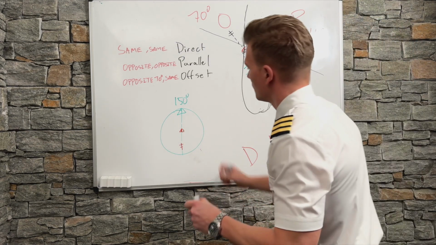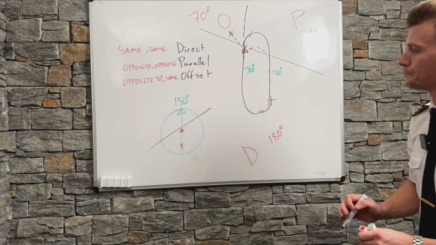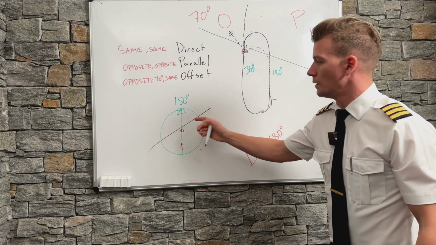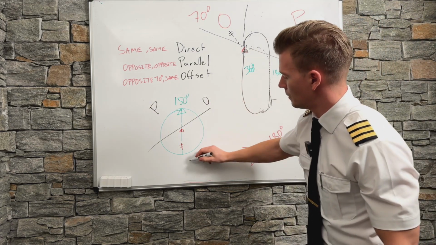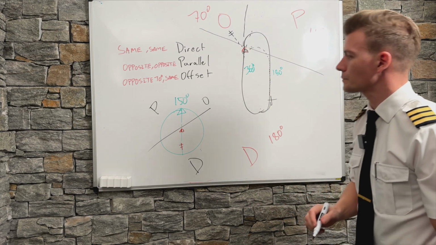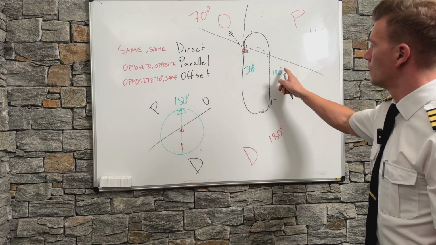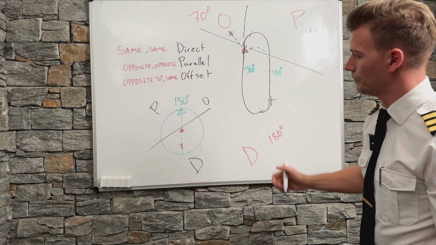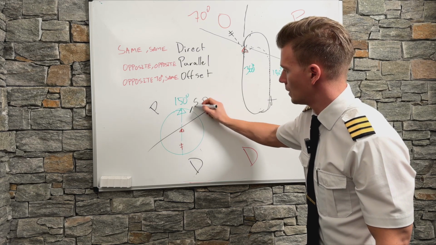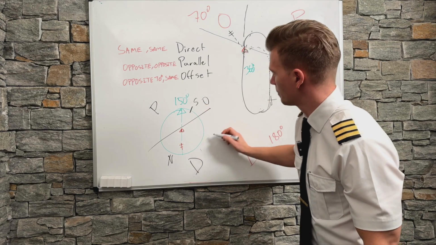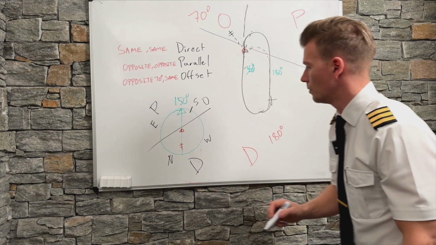And the divider is still the same because it's right turns in the hold. And now we have offset, parallel, and direct. Okay. Step 1, locate the radial. The radial is still 180. 180 is here, south, north, and west and east, okay, cardinals.